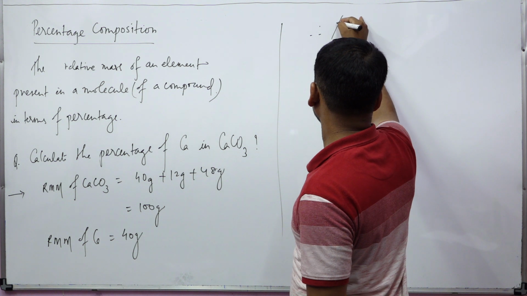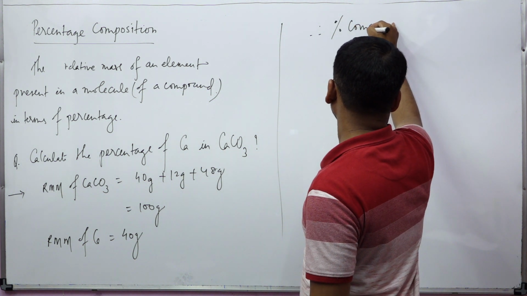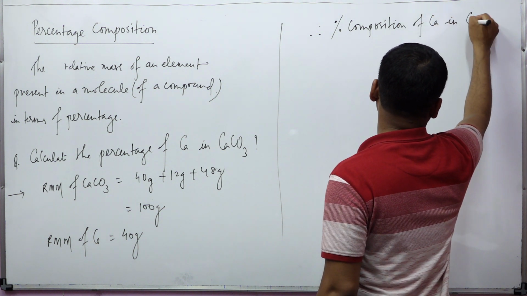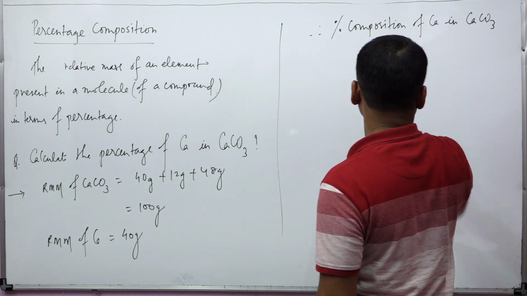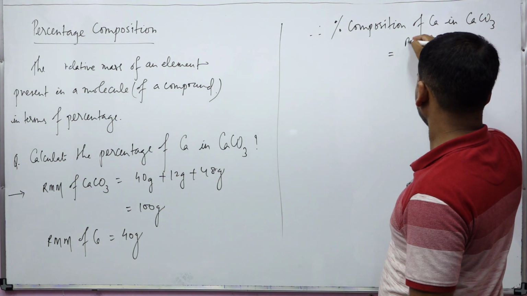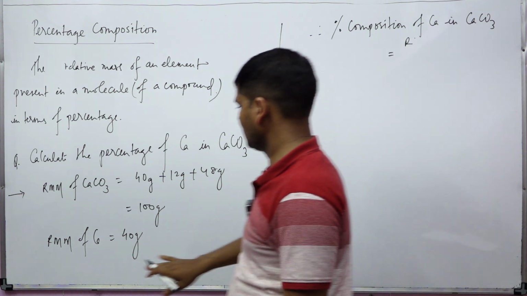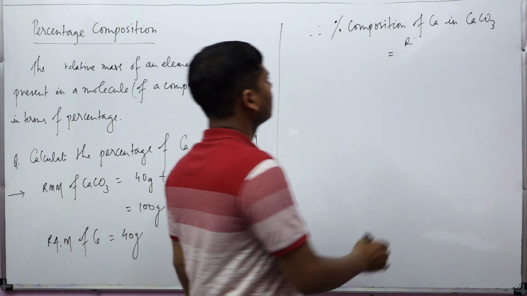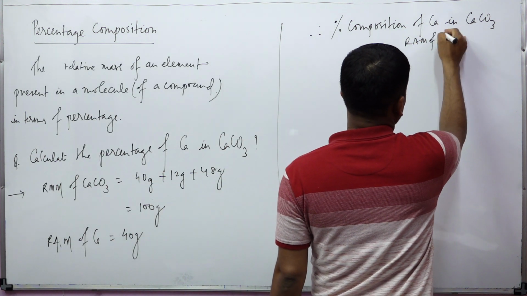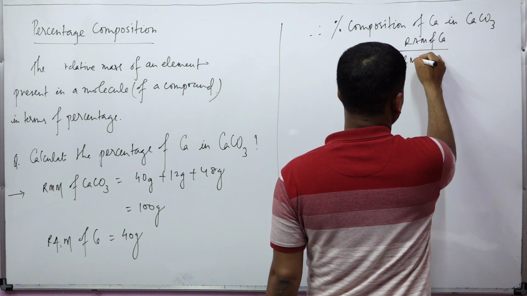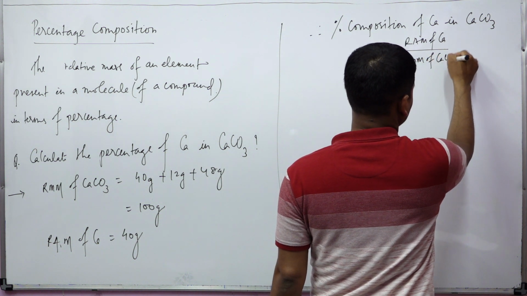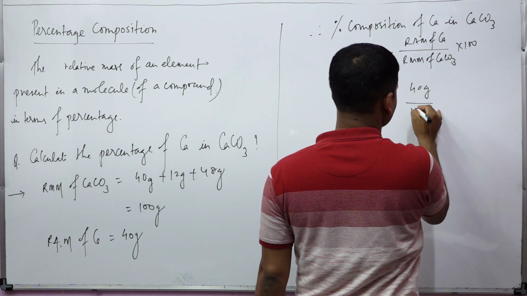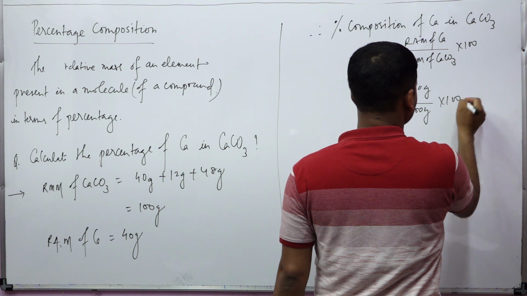Therefore, percentage composition of calcium in CaCO3 is equal to relative atomic mass of calcium divided by relative molecular mass of CaCO3 into 100. It is 40 gram divided by 100 gram into 100.